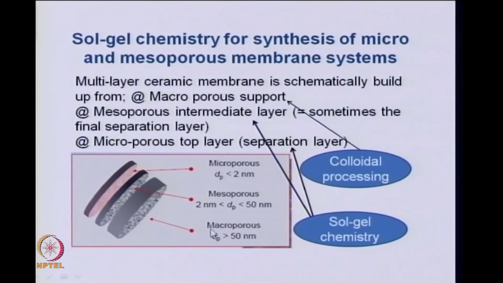Now, these can be used for separation of various materials, and you can do filtration through these multi-layer ceramic membranes, and these have a lot of applications in industry and elsewhere. So, you can use sol gel chemistry for the synthesis of micro and mesoporous membrane systems.